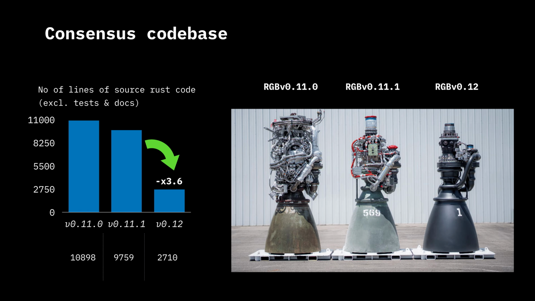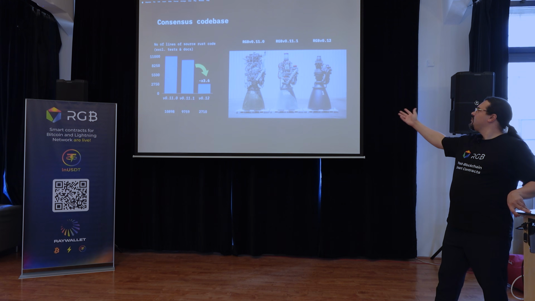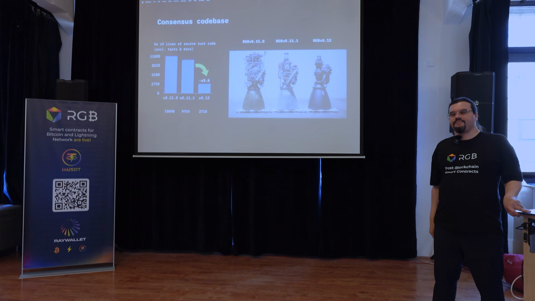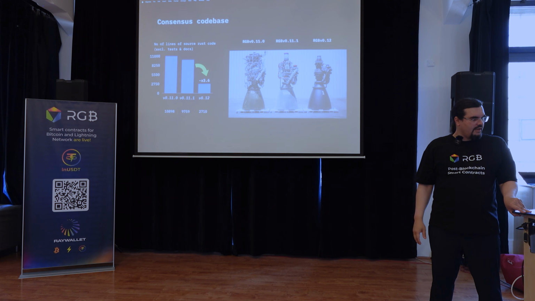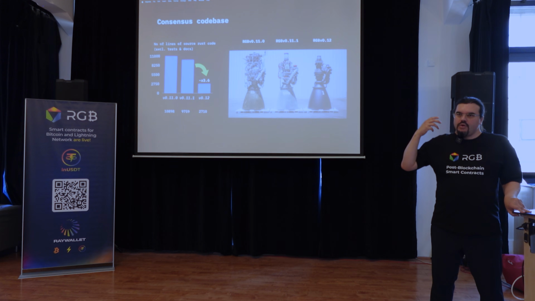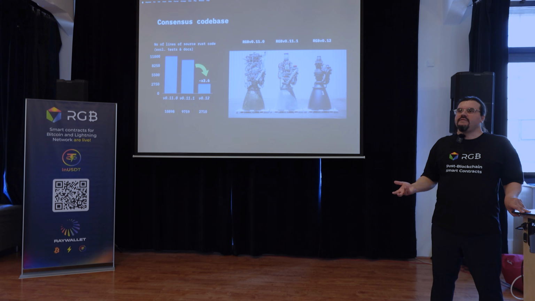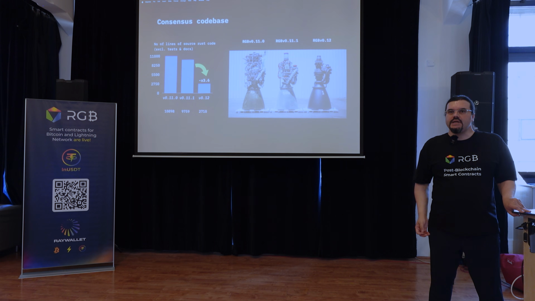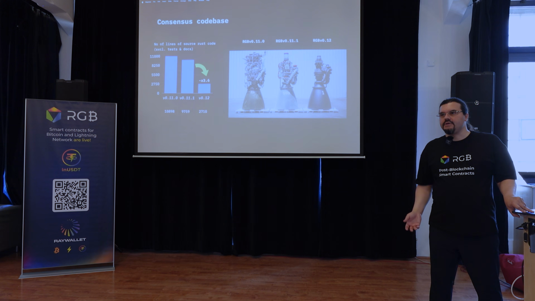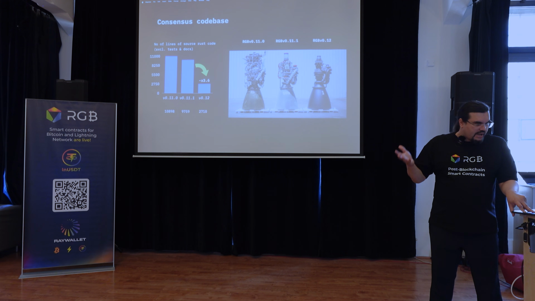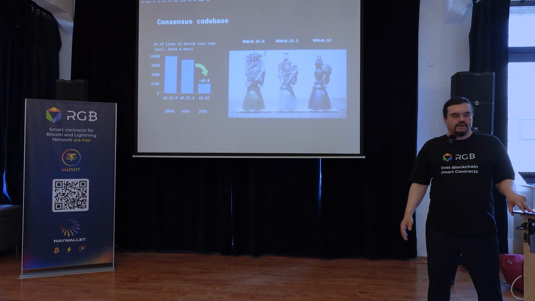This can be compared to the evolution of Falcon engines to Raptor engines in SpaceX rockets. You see that with time you can finally get the simplicity which is really important and required for things such as auditability, reduction of attack surface, simplicity of integration, and also code maintenance over the years. So a 4-time reduction of the code base is a really significant thing.